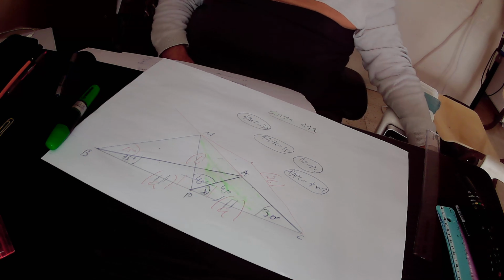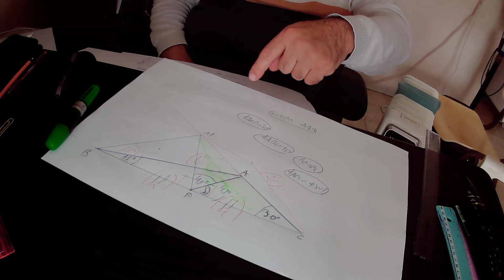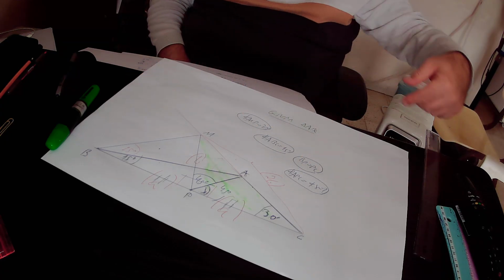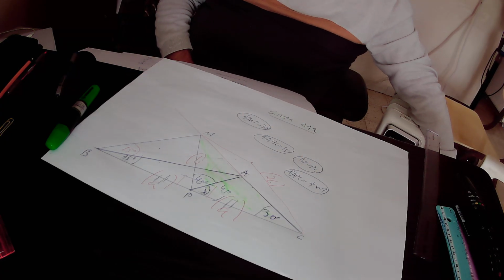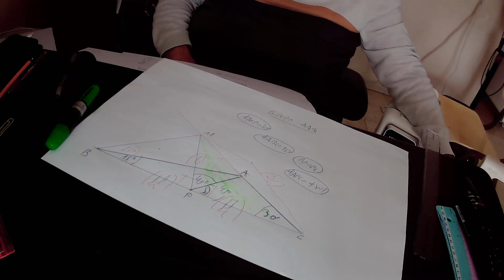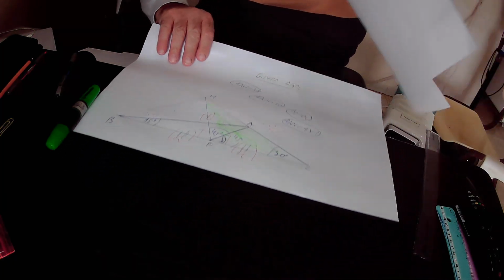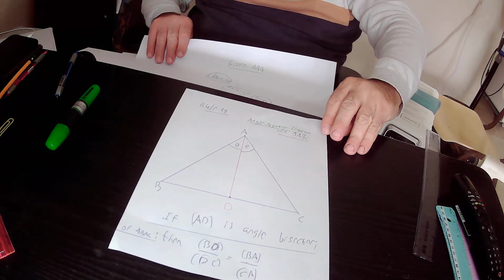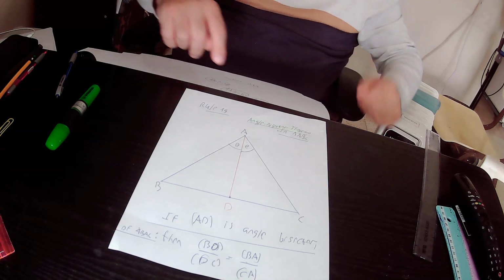Repeat again that the angle bisector theorem works in both directions. So we implement the first direction of the angle bisector theorem in this big triangle MBC. Repeat quickly on Rule 19. This is triangle ABC.